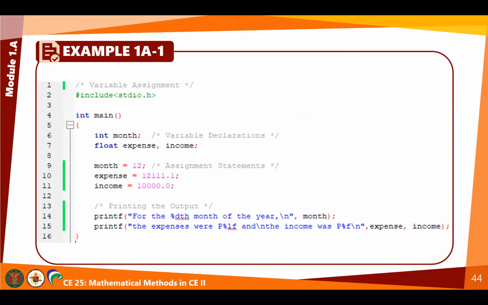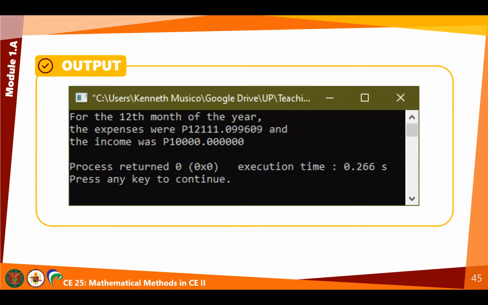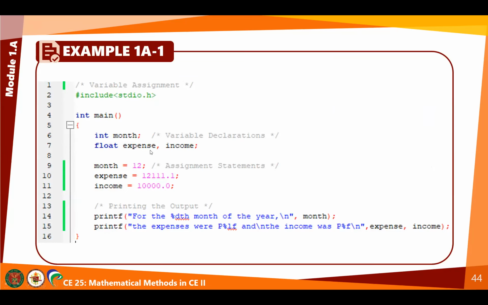So I hope included naman ito. Okay? So just try this one. Included naman siya. And see what happens. So here, yan, you declare month as an integer. You declare the expense and the income as floating type.